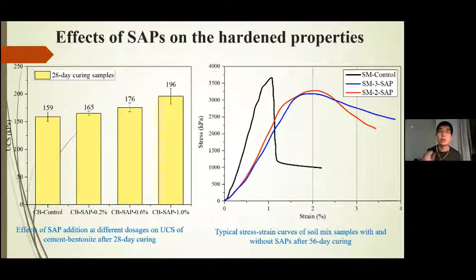Also, more importantly, the strain at failure becomes much larger, which is a good thing because that indicates the cement bentonite slurry cutoff wall can deform to a greater extent without cracking. Those are the properties that we are looking for.